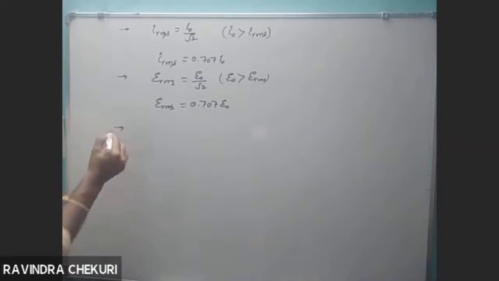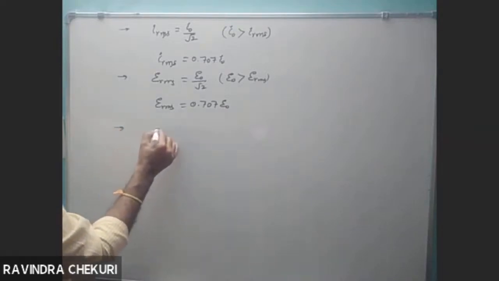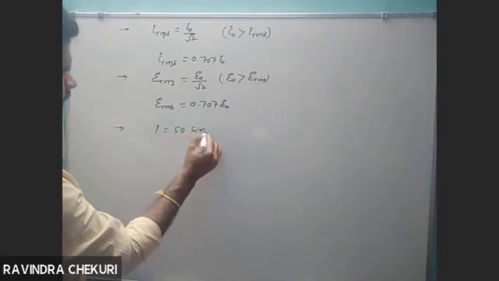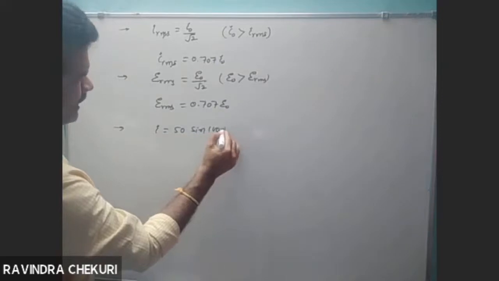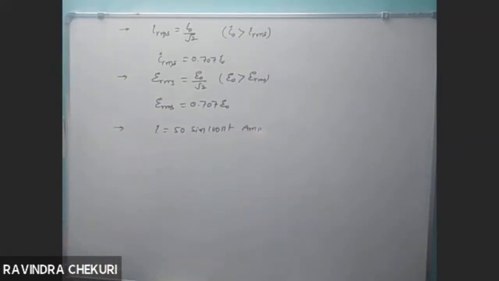Okay. So instantaneous current. An AC generator produces a current I is equal to 50 into sine of 100 pi t ampere.